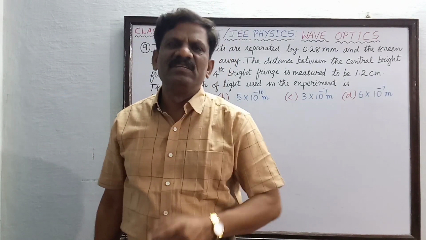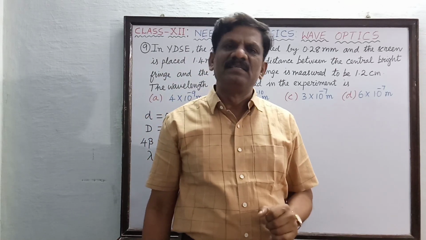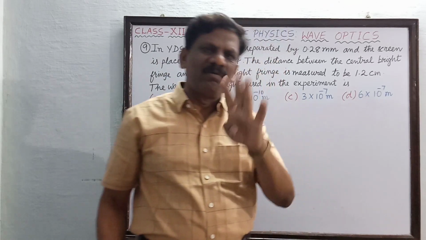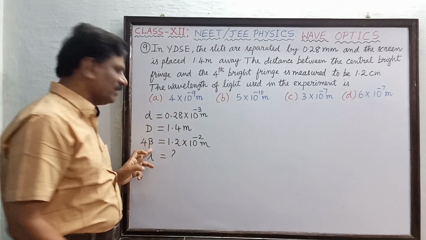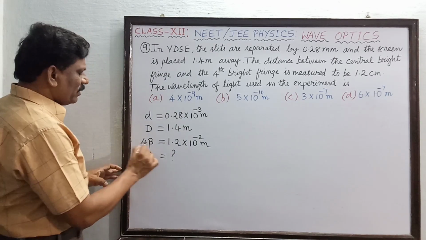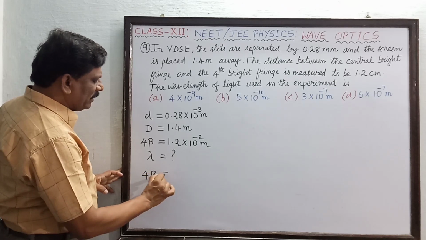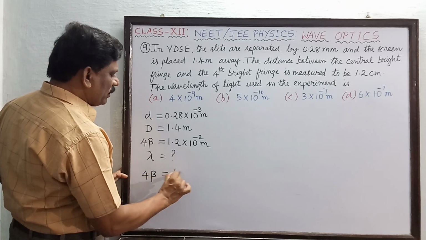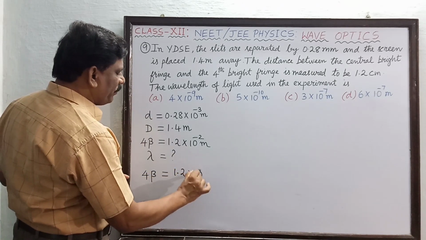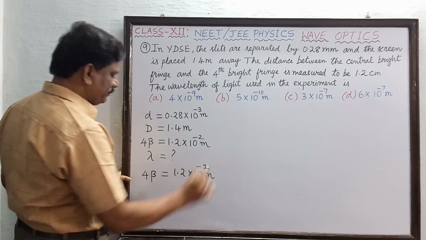So beta is the fringe width for one fringe, is it not? Here the fringe width for 4 bright fringes is given. 4 beta is equal to 1.2 into 10 power minus 2 meter.